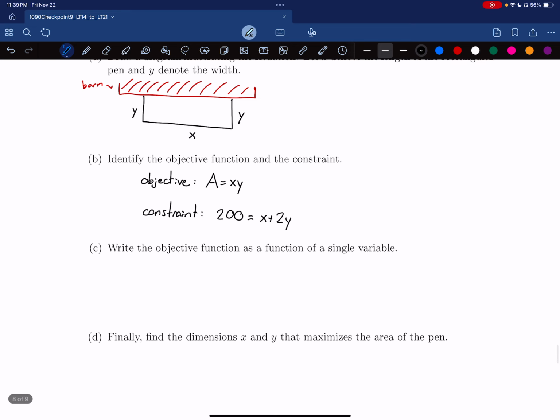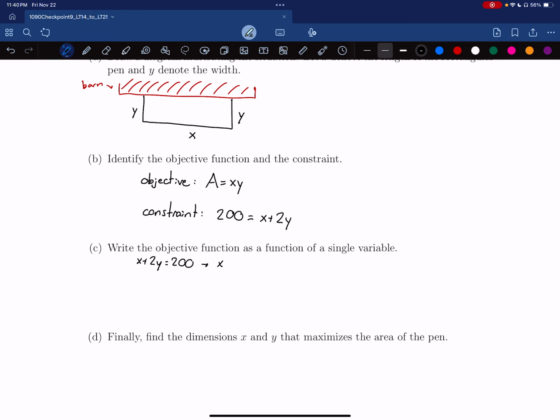Part C, we need to write the objective function as a function of a single variable. So our objective is A equals xy. We need to get it in terms of either x or y. That basically means we need to solve our constraint function for one variable. And I'm going to solve it for x because x is already just on its own, doesn't have a coefficient.